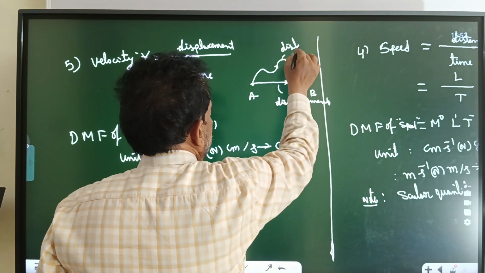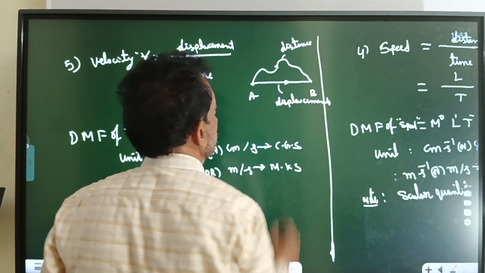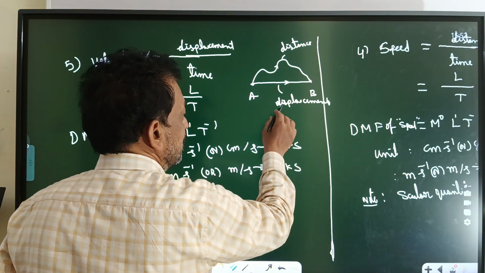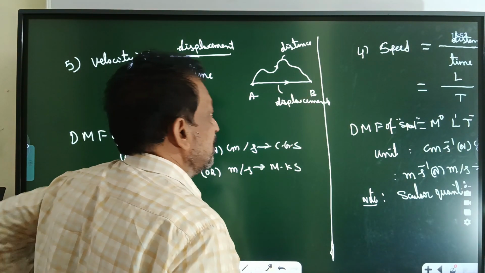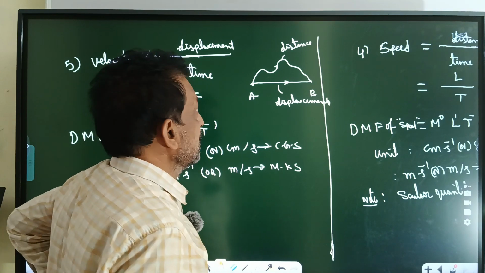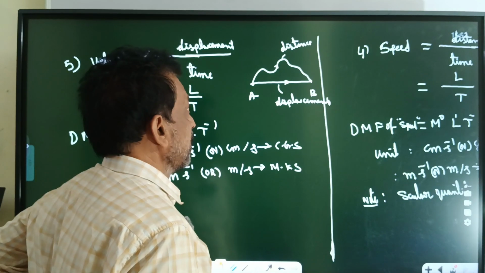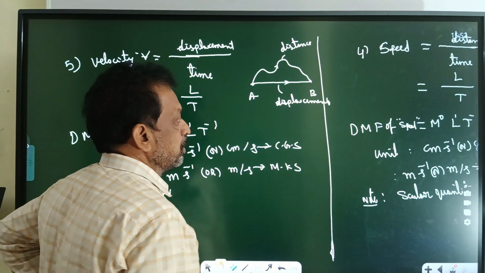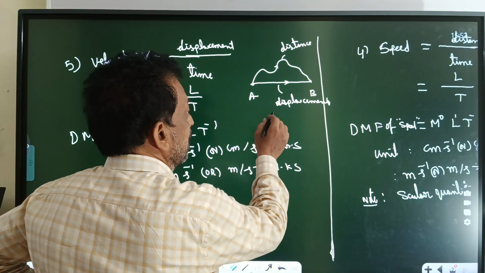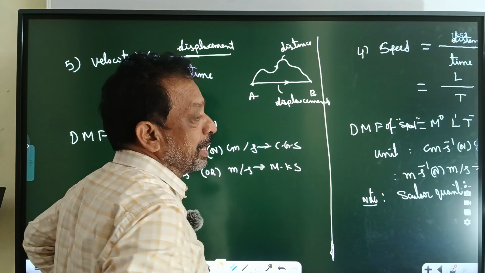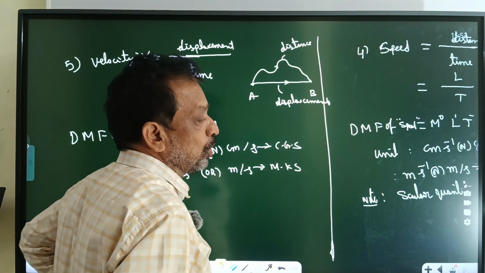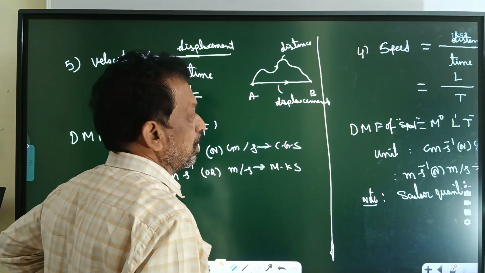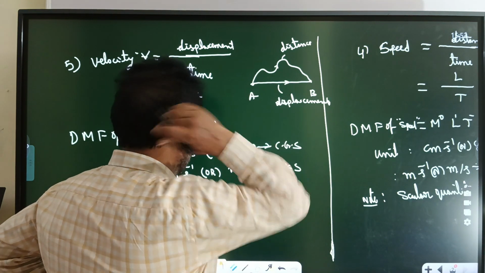Displacement is a vector quantity. Distance is a scalar quantity. Distance never becomes zero. Displacement can become zero and negative also, but distance never becomes zero.